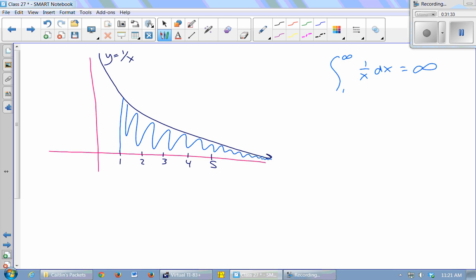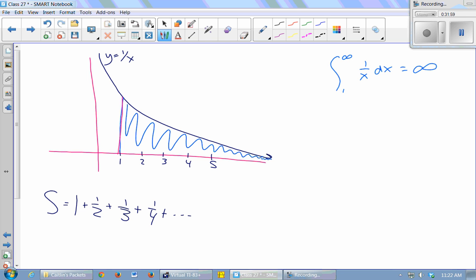All right, so my sum that I'm interested in, 1 plus a half plus a third plus a fourth. I'm going to use a left-hand Riemann sum to estimate the area under that curve. And each rectangle of that Riemann sum is going to have an area that corresponds to a term in this series.